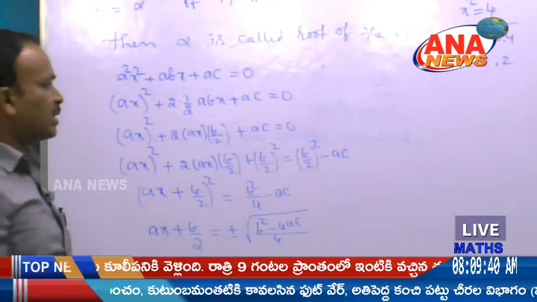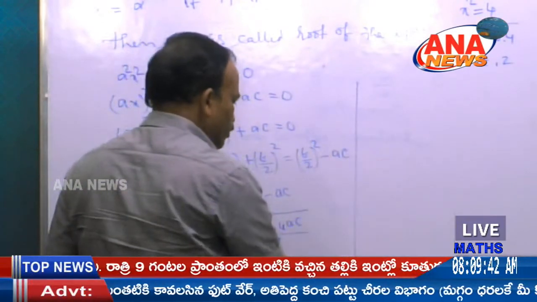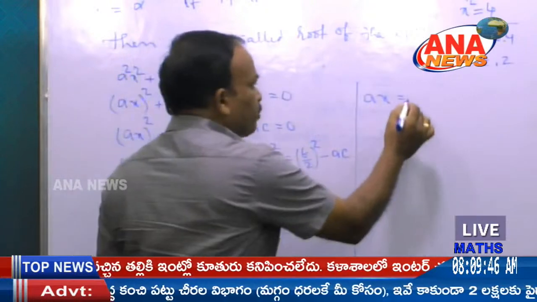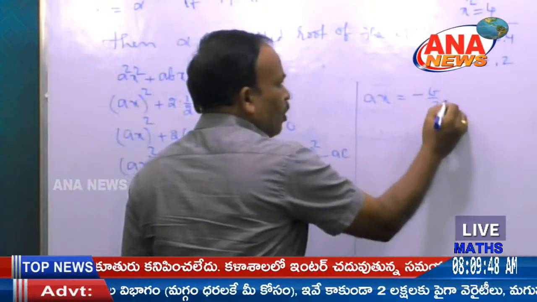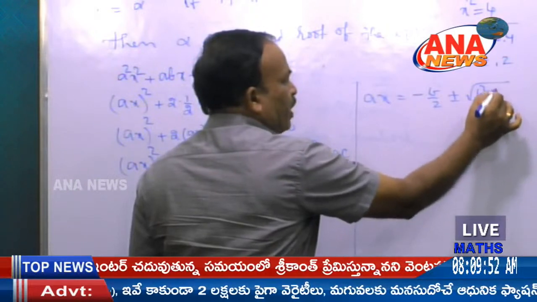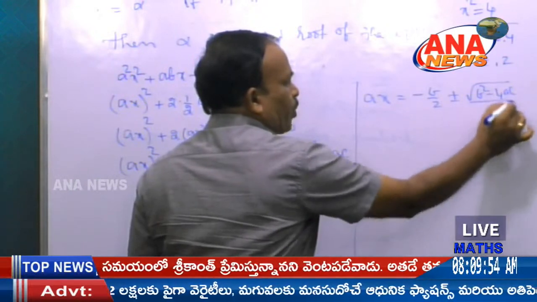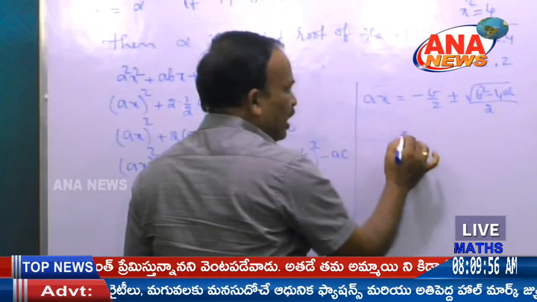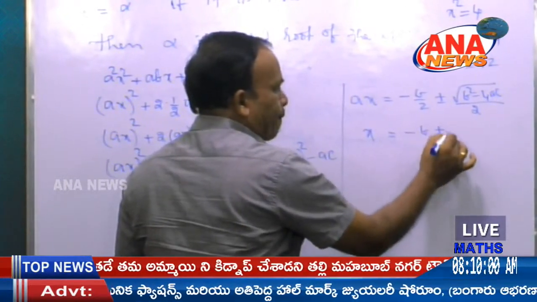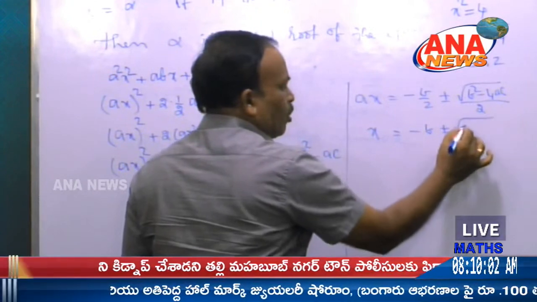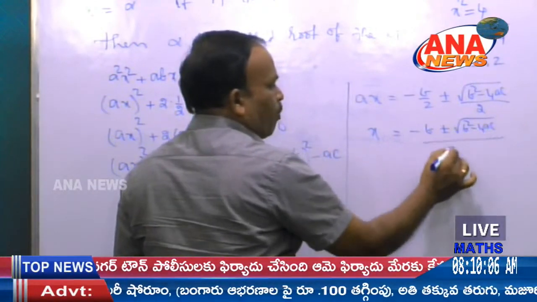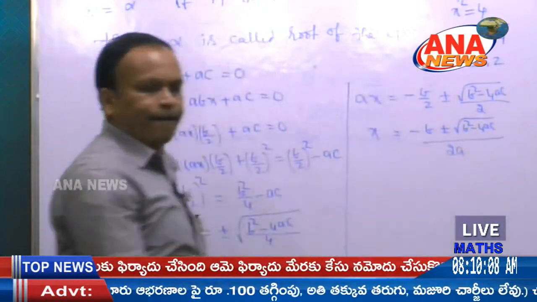Now ax is equal to minus b by 2 plus or minus root over b square minus 4ac by 2. See clearly, x is equal to minus b plus or minus root over b square minus 4ac by 2a.